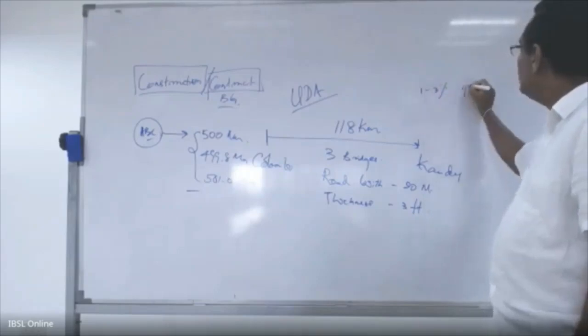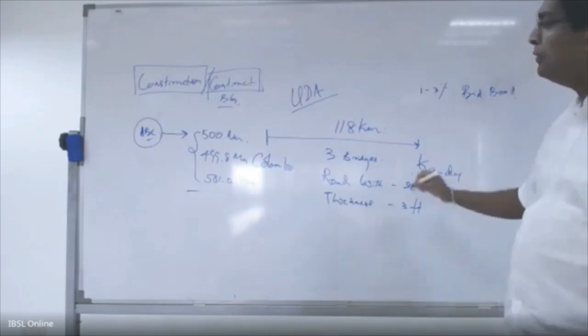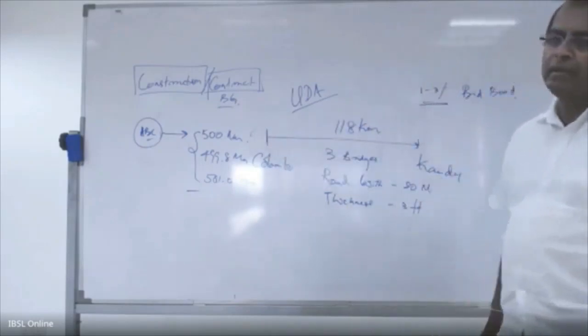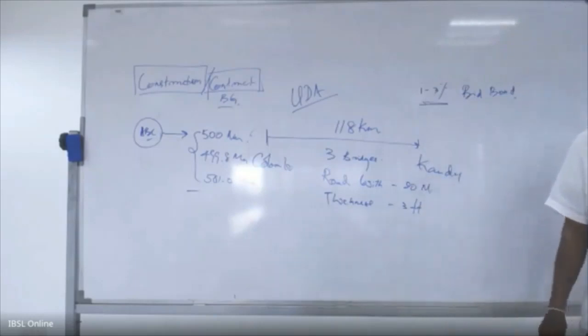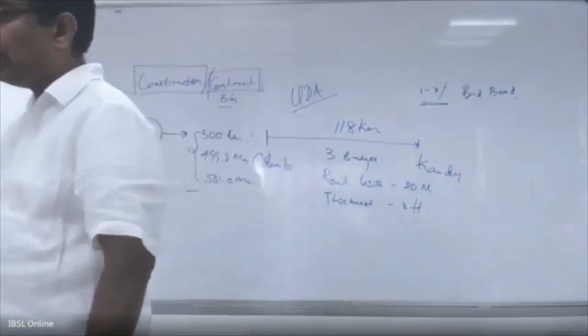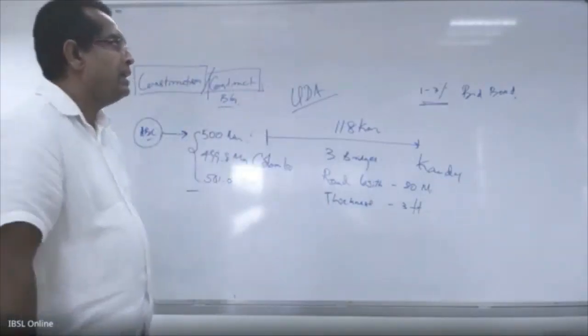We call it a bid bond. Out of this 500 million, this kind of a percentage, right, 3%. So the initial bond is called a bid bond.